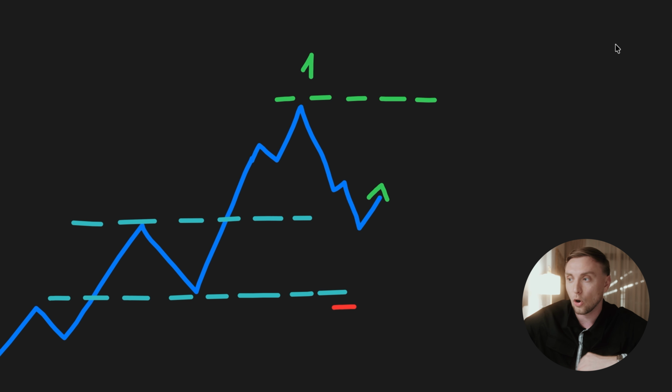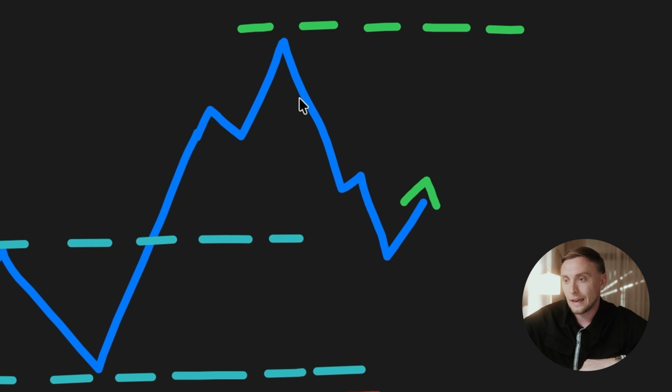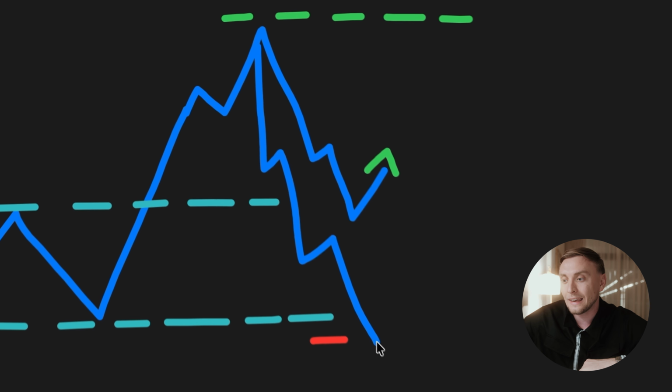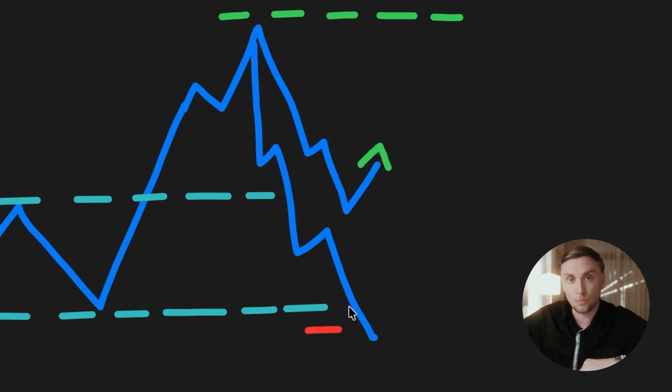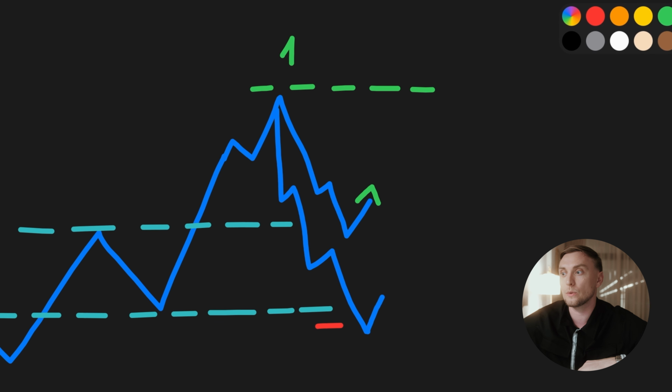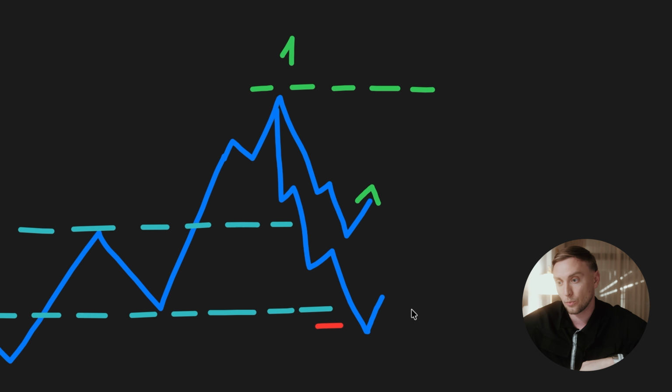But there is a second option, when the price is making a deeper correction, so it's even breaking the lowest point of our support zone. So it's called trade from the support zone out, and when it goes out and then comes back to the support zone, so the price closes inside the support zone, we open a buy here.